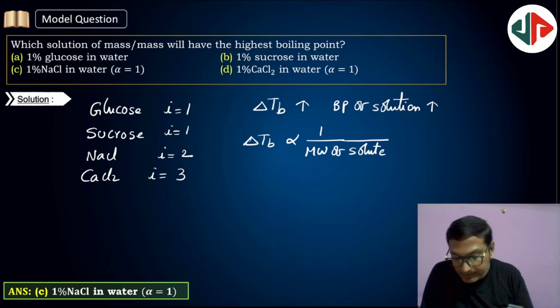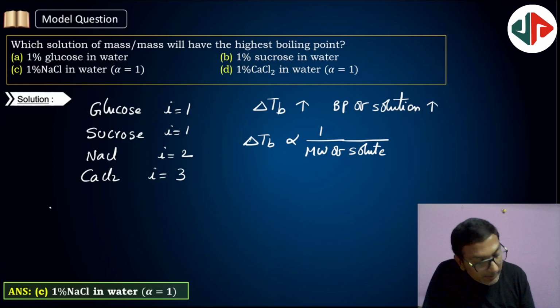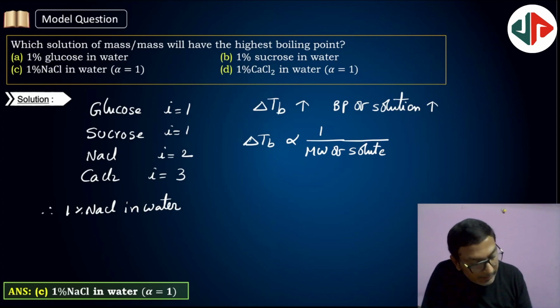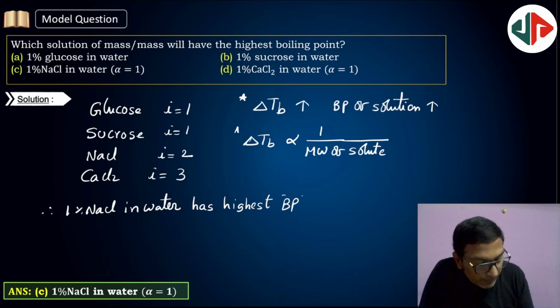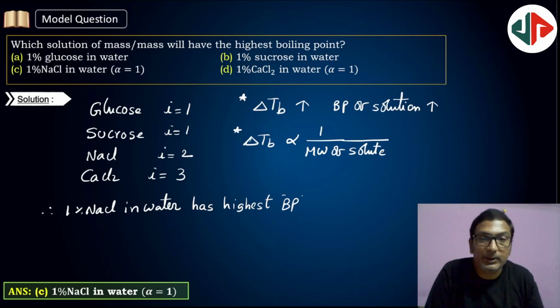So from this we can say a 1% solution of NaCl in water has the highest boiling point, based on these two. Simple question.